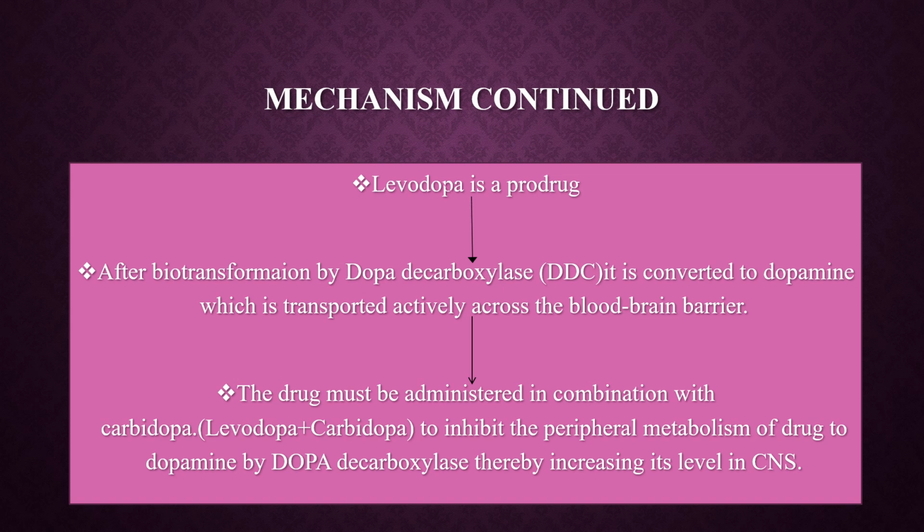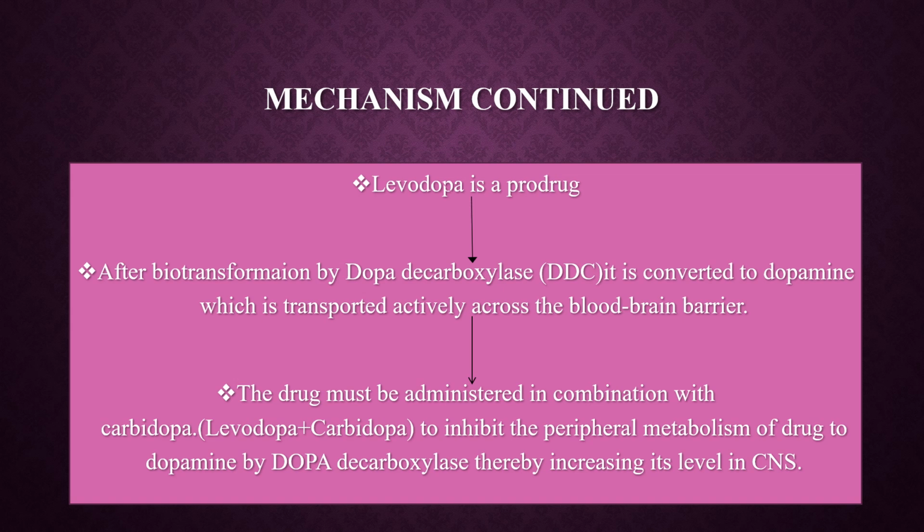The third one, the drug must be administered in combination with carbidopa. The dose, we have seen in the drug classification, because it inhibits the peripheral metabolism of levodopa by the dopa decarboxylase enzyme.